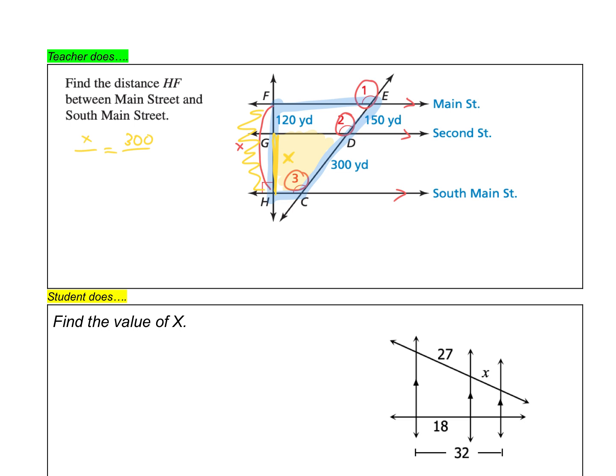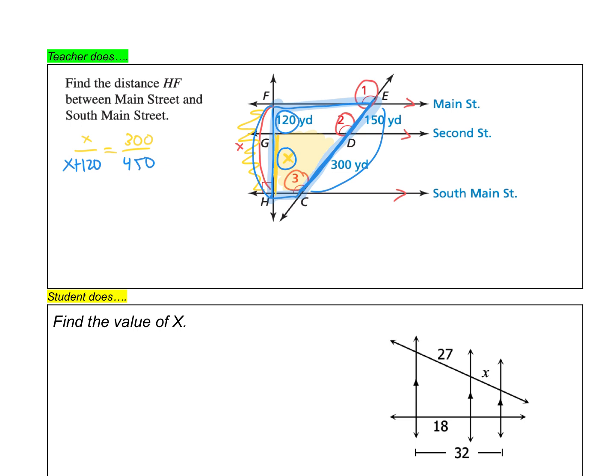So then, if I go to the big blue figure, this whole side is X plus 120. And this whole side right here is 450. And that's the proportion that we're solving.